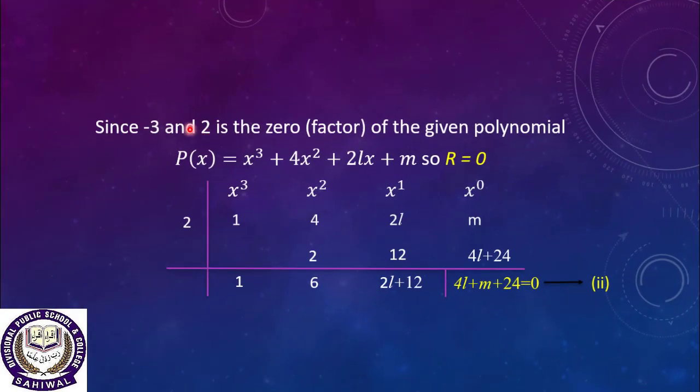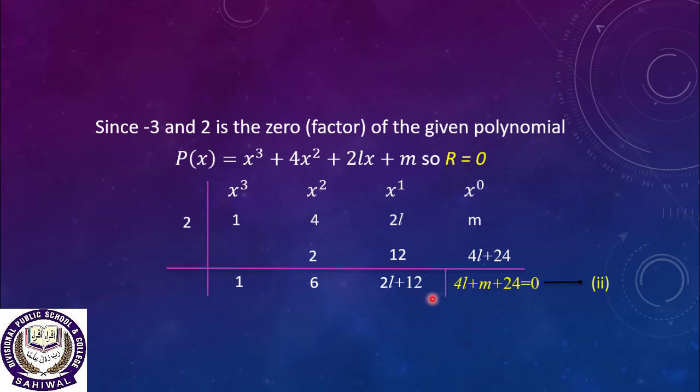The second factor is 2, so we divide the same polynomial with 2. This 1 brings down as it is and multiplied with 2, we get 2. This 2 when added in 4, we get 6. This 6 when multiplied with 2, we get 12. This 12 when added in 2l, we get 2l plus 12.